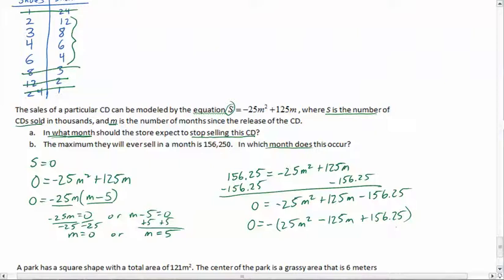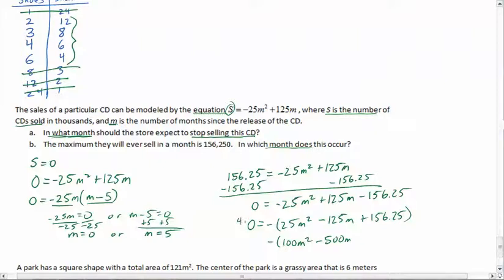Well, we solve this quadratic by either factoring or using the quadratic formula. What I see when I look at this is a 0.25, right? That's a quarter. So I'm going to multiply everything here by 4, because if I multiply by 4, that's going to give me 100m squared minus 500m, because 4 times 125.